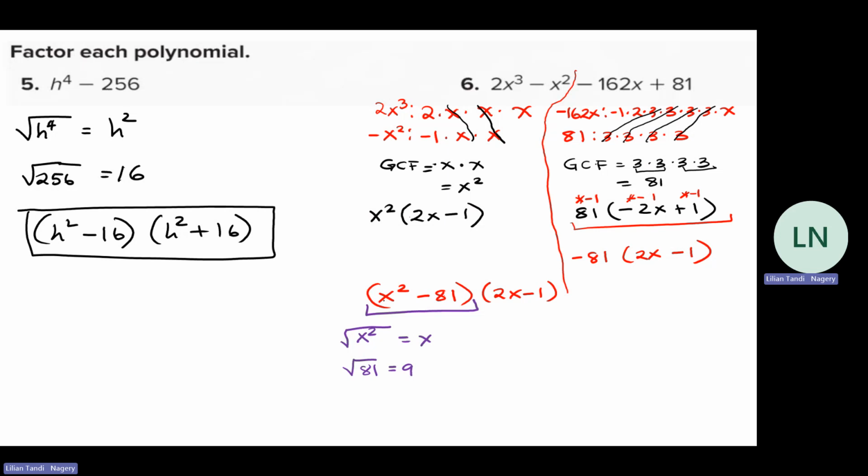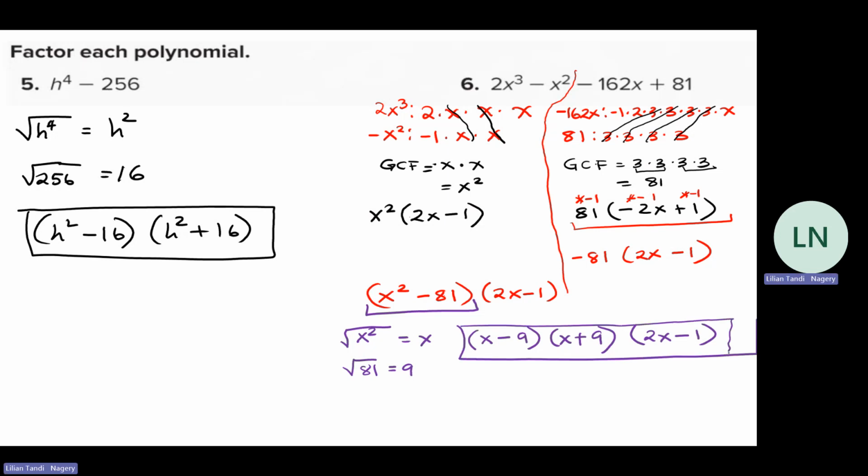So when my polynomial is written like this, we should have two brackets, x, a minus and a positive. So it's a product, and then what I didn't use, 2x minus 1. So this is the answer.